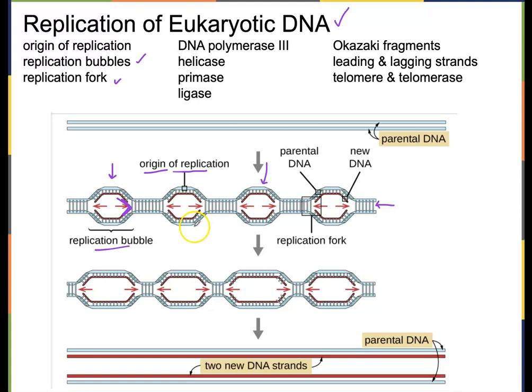So as this bubble opens, the enzyme DNA polymerase will attach and begin to make that new strand, that daughter strand, which is indicated by this dark red. And it'll start to move in one direction. There's not just one DNA polymerase, but many of them. So one will attach here, start to go in this direction. One will attach here and start to go in this direction. So you can imagine that sooner or later, all the bubbles start to get bigger.